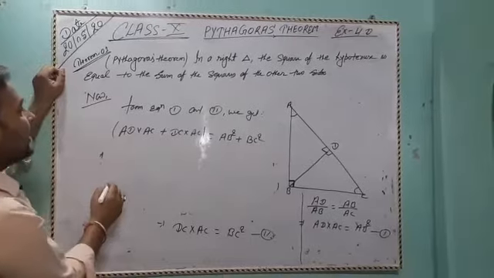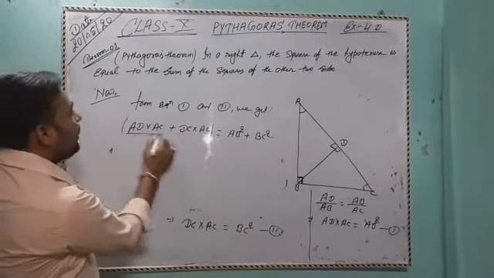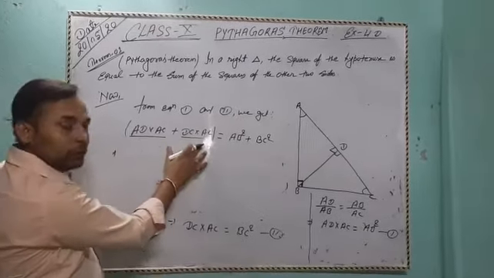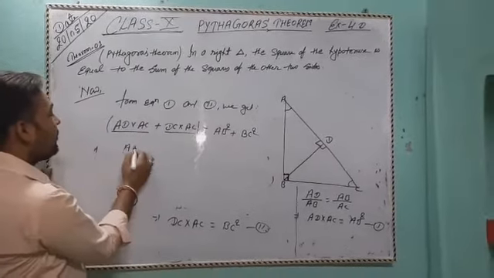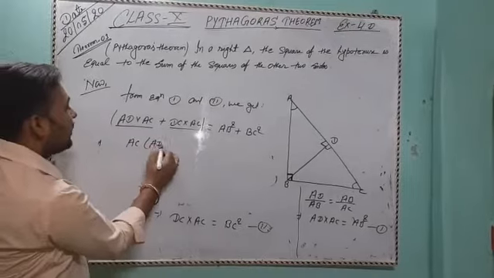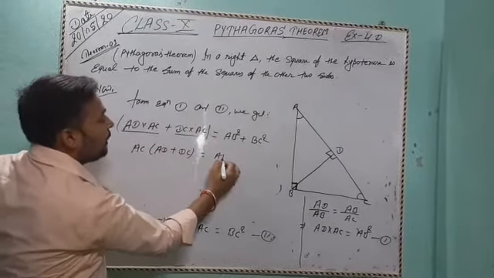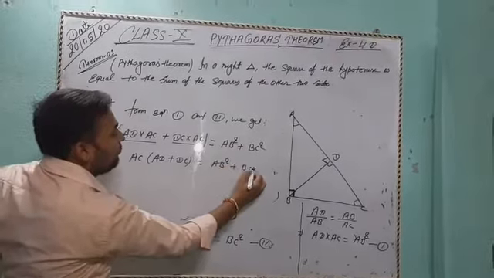AC is present in both terms, so AC is common. The rest is AD plus DC equals AB square plus BC square.